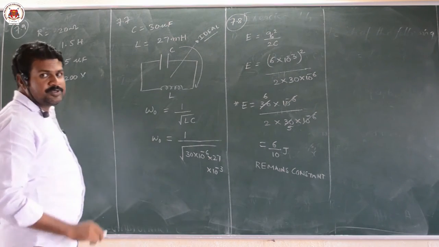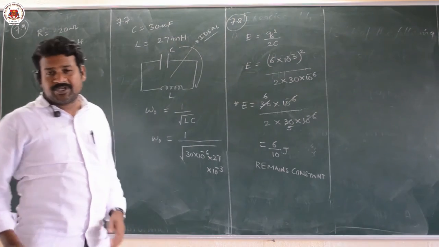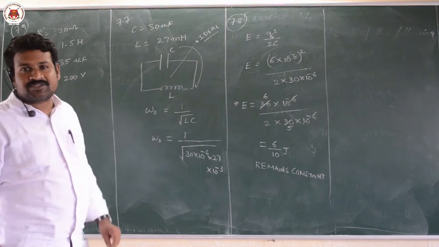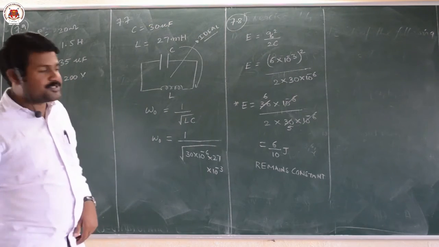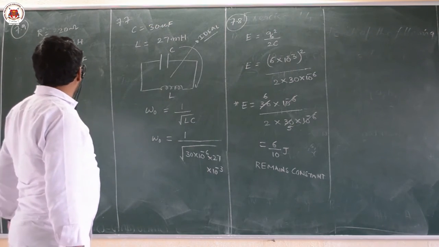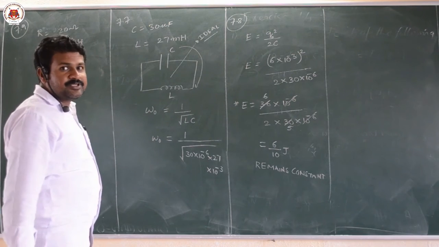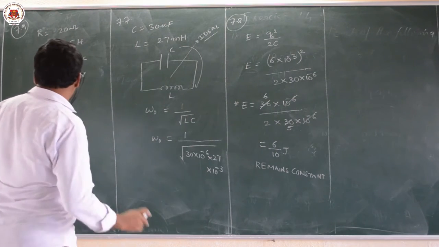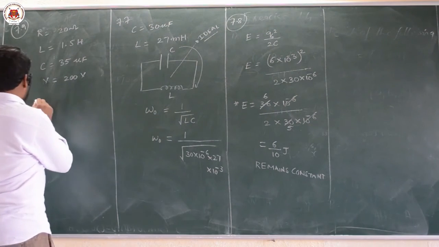If the frequency is equal to the natural frequency of the circuit, it is free oscillation, that is nothing but the resonance frequency.